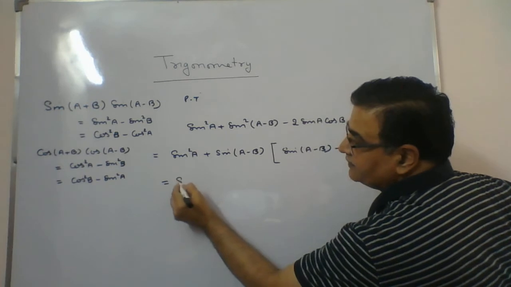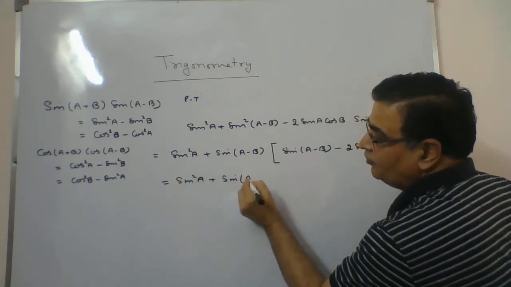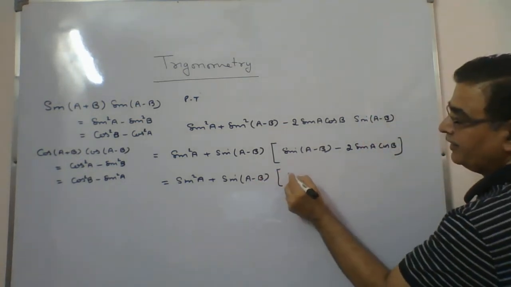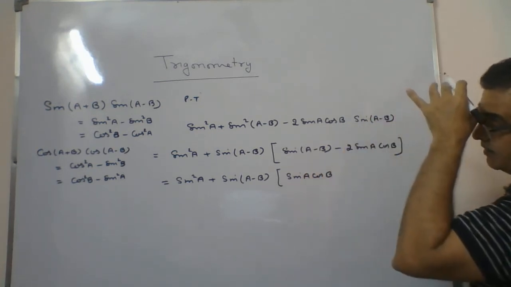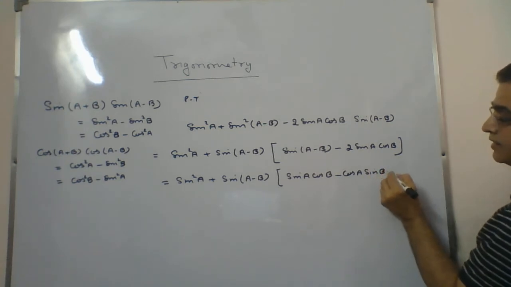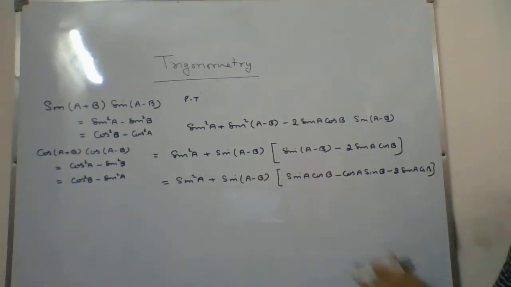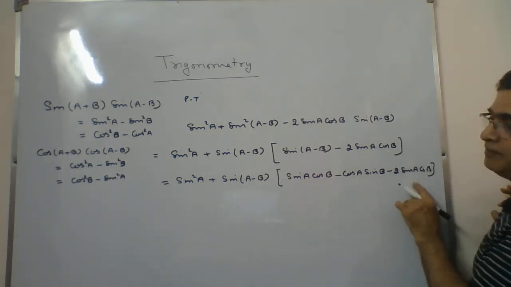Then we will write this as sin²a plus sin(a-b), and here you will write this as sin a cos b minus cos a sin b, minus 2 sin a cos b. This term and this term match here. This is plus and this is minus, so left is minus only.